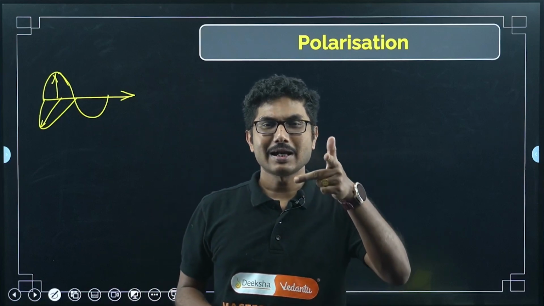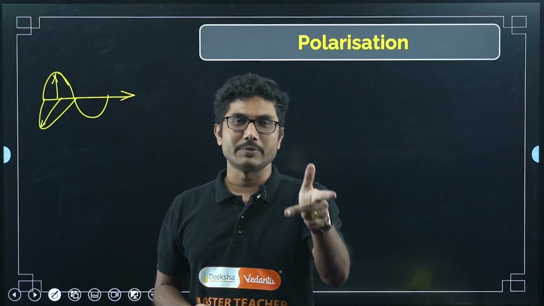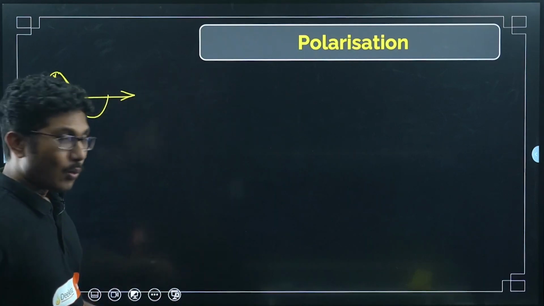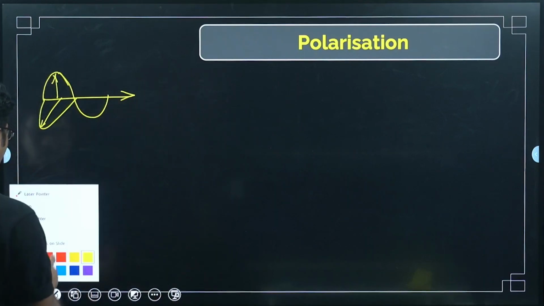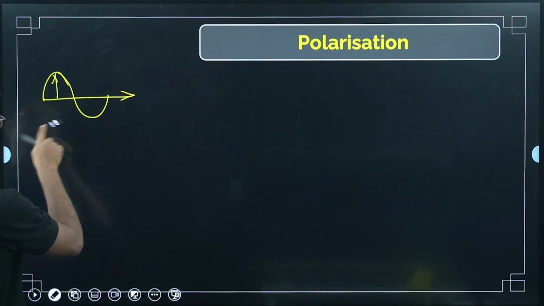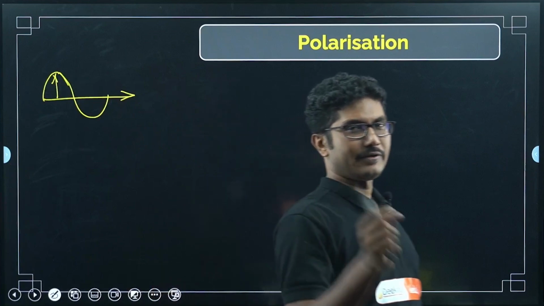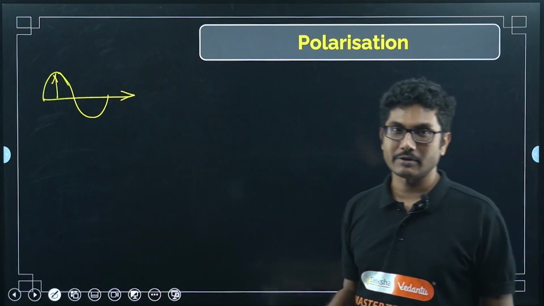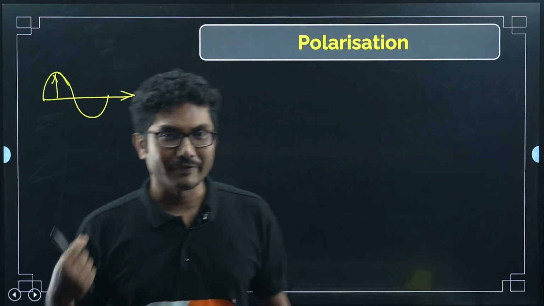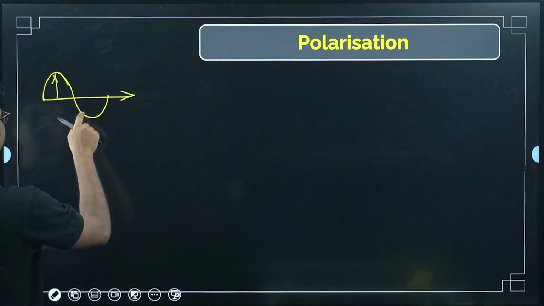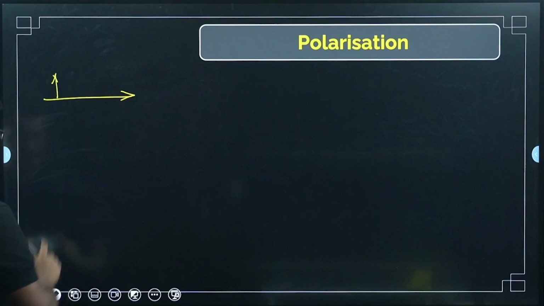They are all mutually perpendicular. Now from now on we will not show the magnetic field, we will only show electric field, for polarization only, and we will show electric field using only an arrow.